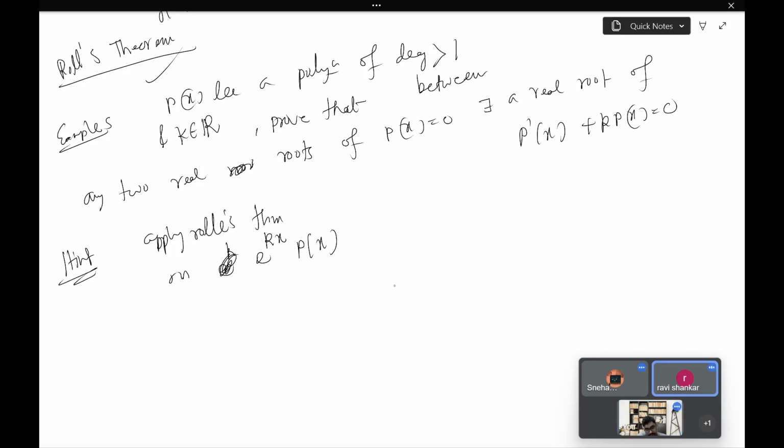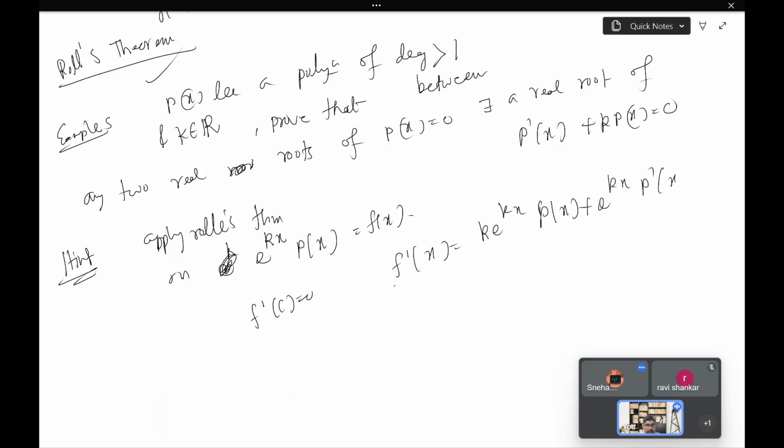Sir, when we find f dash x, we get e to the power kx into P prime x plus k e to the power kx into P(x). And f dash c equal to 0 means e to the power kc common, k e to the power kc P(c) plus e to the power kc P prime c equal to 0.